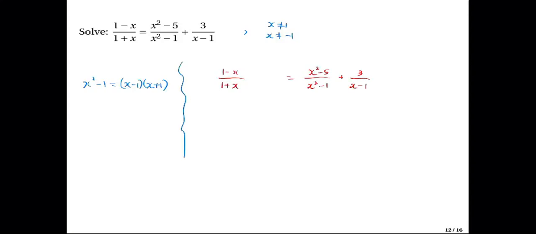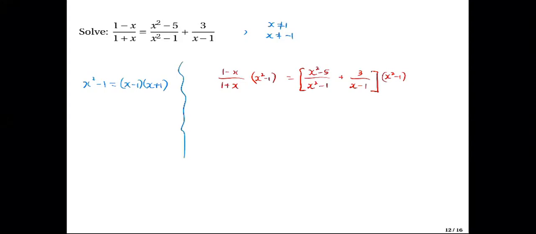Then we multiply both sides of the equation by the LCD, which is x squared minus 1. And in here, again, we multiply by x squared minus 1. So what you multiply on the left-hand side must be multiplied on the right-hand side to retain the equality. So that's your multiplication property of equality.